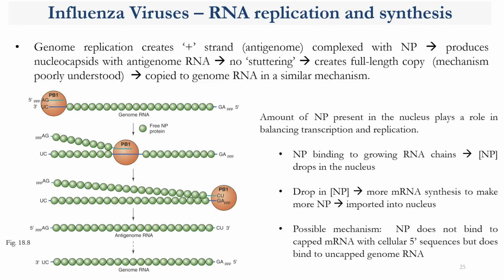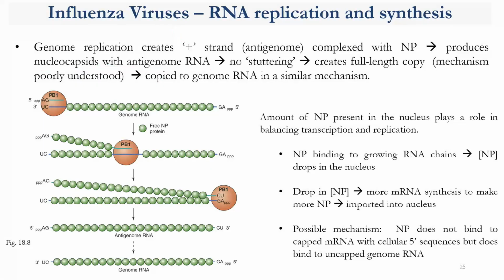So remember, your genome replication is going to create a positive strand molecule. It's the antigenome. And as that antigenome is being synthesized, it's going to complex with NP protein. And this produces nucleocapsids with antigenomic RNA. There's no stuttering in this case, and it creates a full-length copy of the fragment, okay?